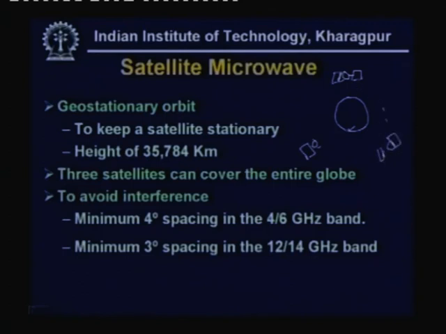So with the help of these 3 satellites, one can cover the entire Earth. So entire globe can be covered with the help of 3 satellites, and so this is a big advantage. The height is utilized, and you can see, to communicate any ground station on the Earth, only 3 satellites are sufficient. So this is one very big advantage.